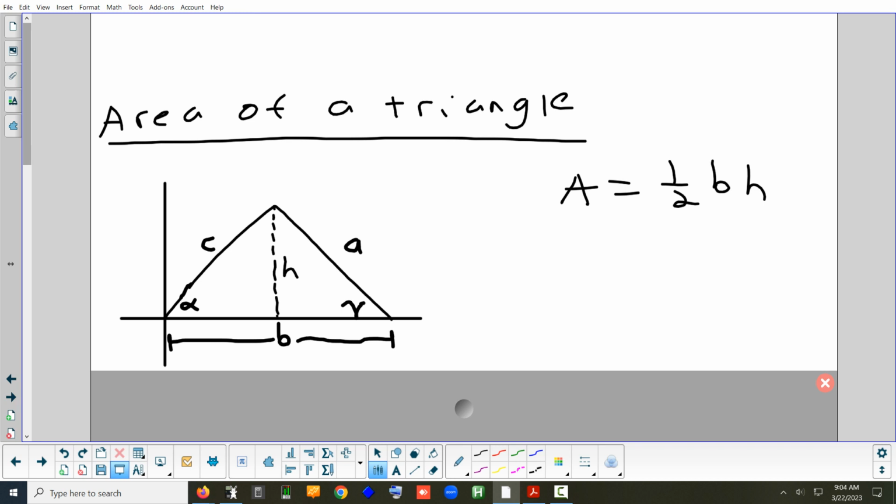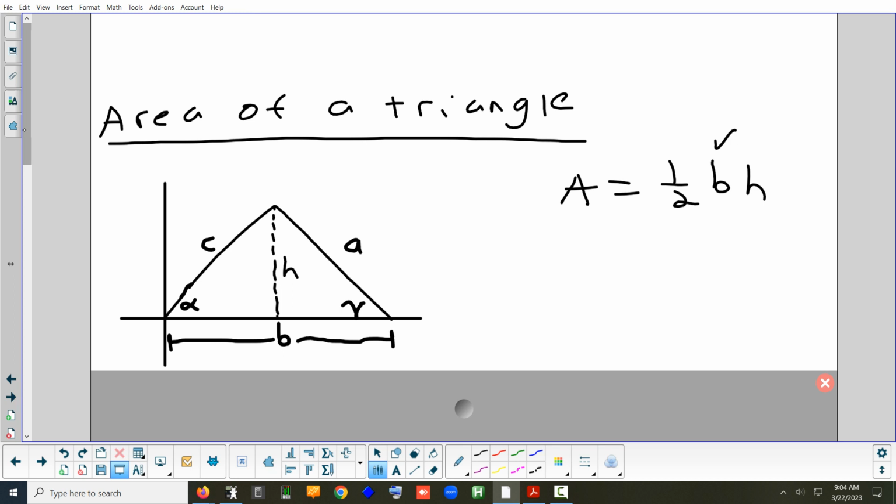And side B, that is the base. So you know the base in this formula, but you do not know the height. You might be given either the A or the C, but I'm not going to give you the H. So how are we going to find the area of the triangle?